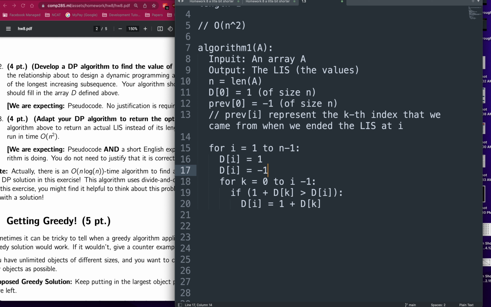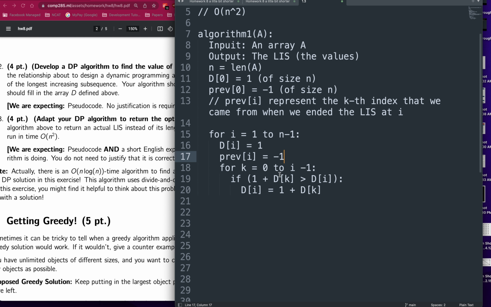It was just me. That was the longest increasing subsequence. We're going to use -1 to represent that. But then every time we find a k value that actually gives us a longer increasing subsequence, we also update pref I to be k. So now pref I is going to tell us, oh, it's actually k.